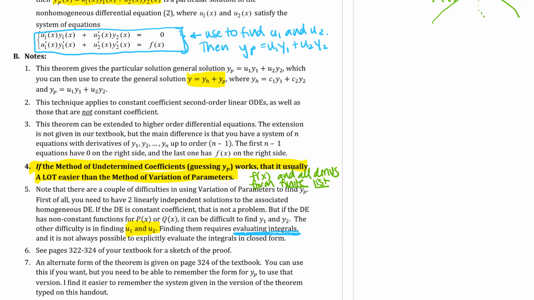All right, and then the other thing I want to mention is this last point here. Sometimes I see students try to use another version of this theorem. It is in the textbook. If you look online for some other help, other videos, or whatever other sources of help you sometimes go to, you might notice them using some different method for the theorem. That theorem is given on page 324 of your textbook. I don't mind if you use it, but even though they give that other form of this theorem, the example in the textbook actually doesn't use the alternate form of the theorem.